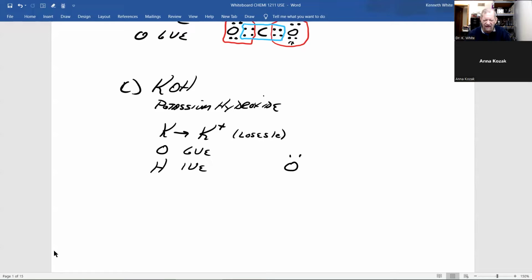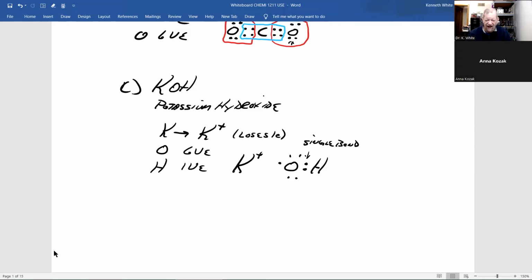So if I have my oxygen here, and I have my hydrogen, this has 1 valence electron. Hydrogen has 1. There's now a single bond, 1 pair of electrons between the oxygen and hydrogen. Now, potassium will be this cation.